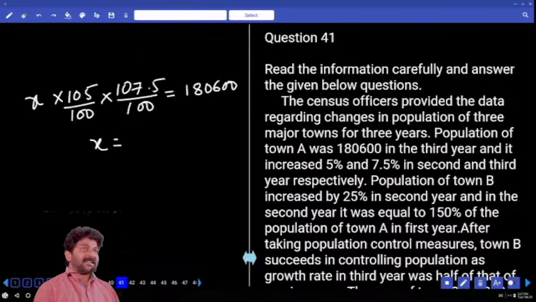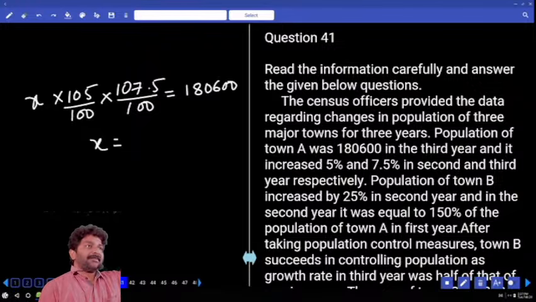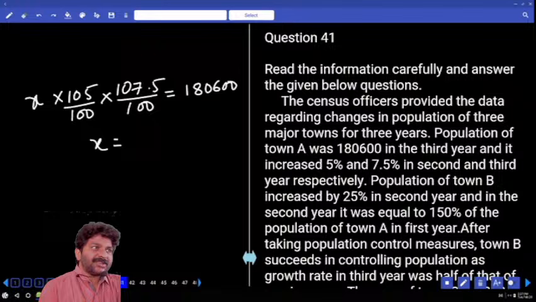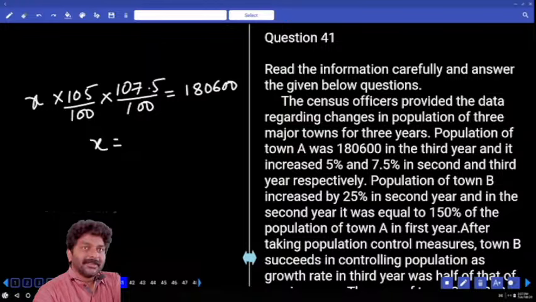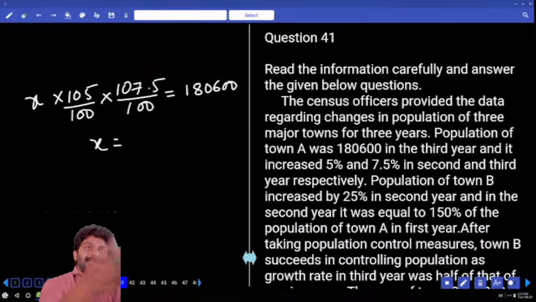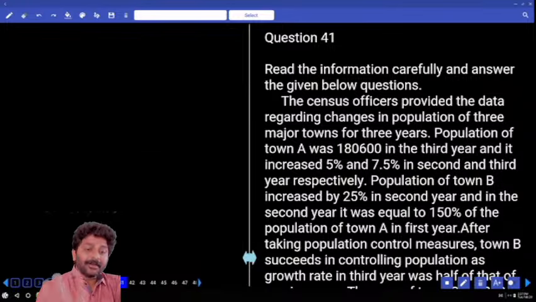But to get the first year value, this simplification is required. Here it takes time. Yes or no? Did you do the calculation? You said it is time taking without calculating, yes or no? That is called sixth sense. You don't have to calculate it, but your mind will say whether it takes time or not. And you simply follow the same.